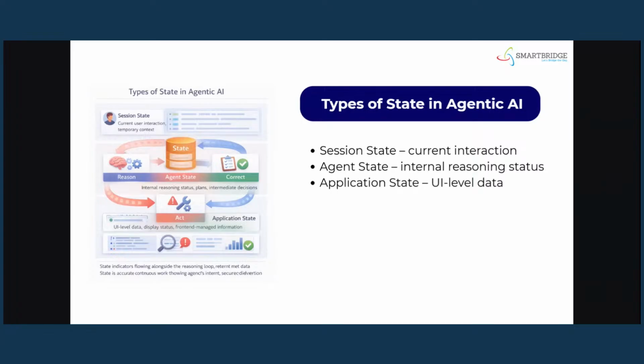So, types of state in agentic AI. I hope everyone understood what managing state is, right?